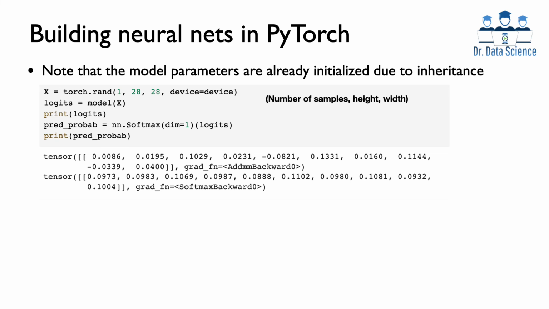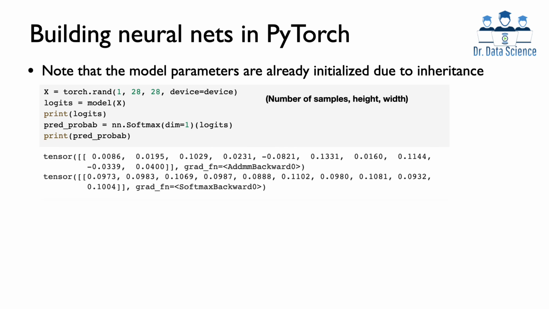But what I want to emphasize here is that, for example, these model parameters or model weights are already initialized due to inheritance, which is very important when you're working with classes and objects. You can see here we create a tensor, which is from torch. And the way this works is that when you work with images, we usually have a three-dimensional tensor where the sizes are number of samples, height, and width.